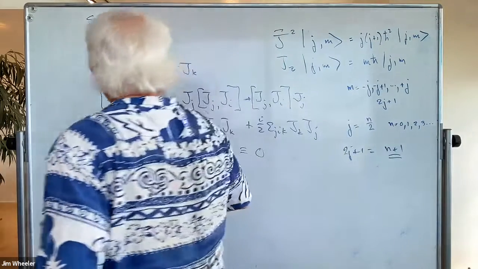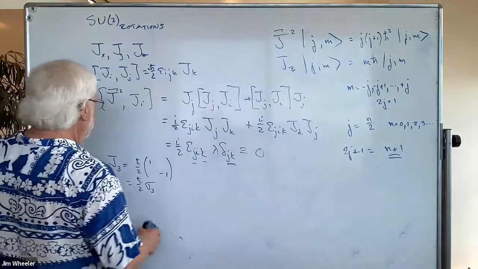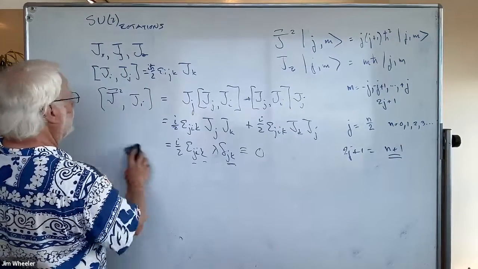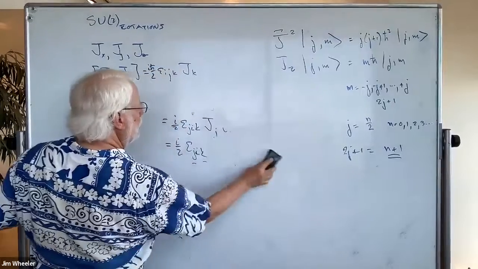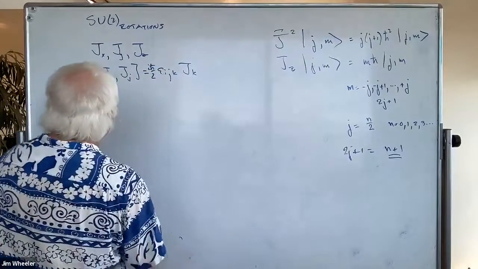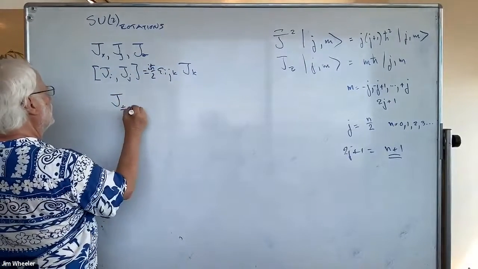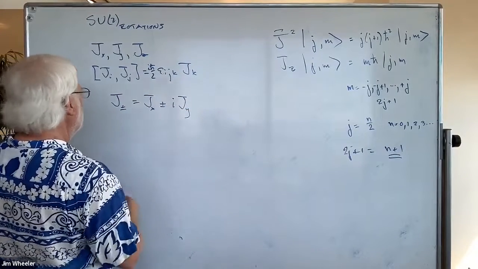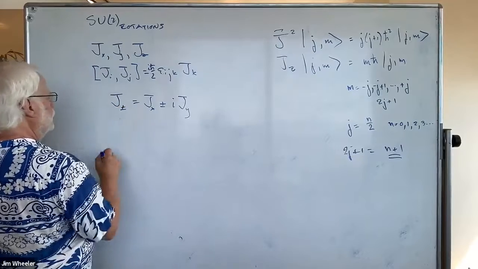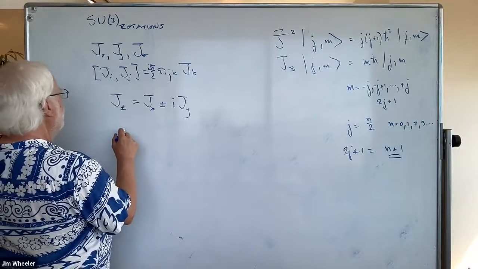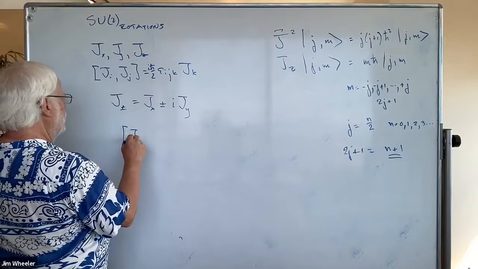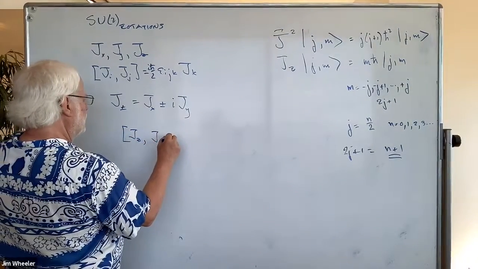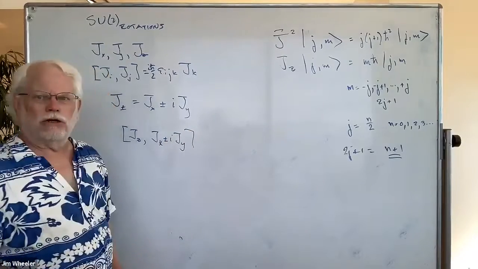Now, what we do is we replace JX and JY by J plus and minus, which are JX plus or minus IJY. If we just work one of these out, if I have JZ with JX plus or minus IJY, well, we did this earlier, right?